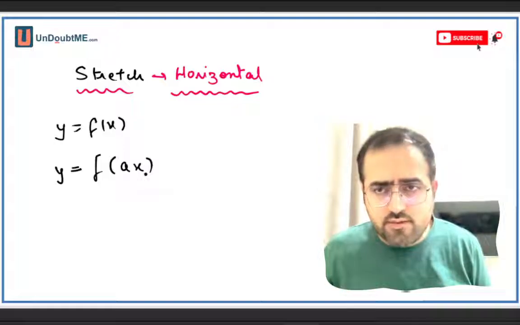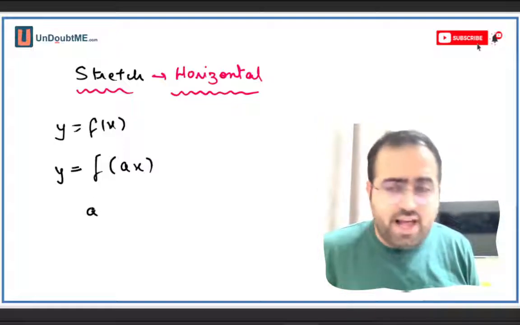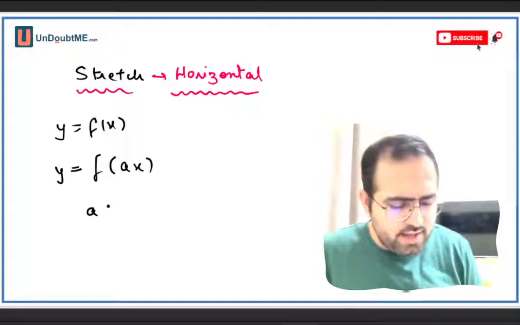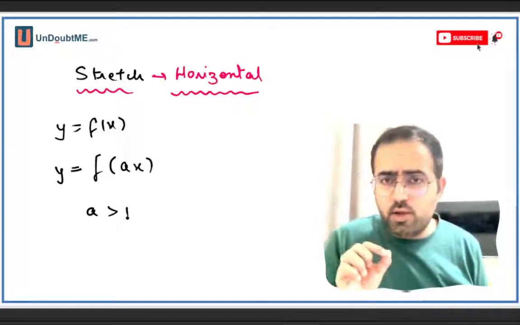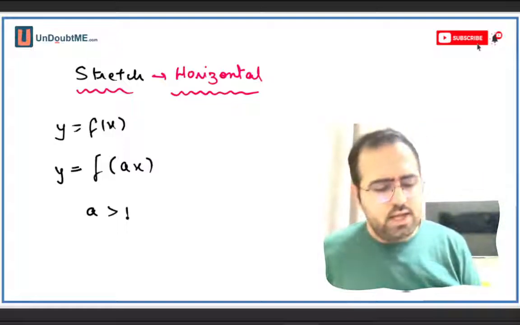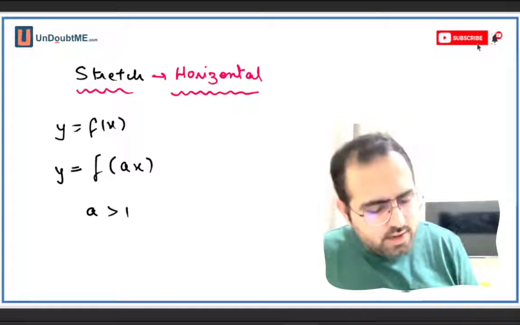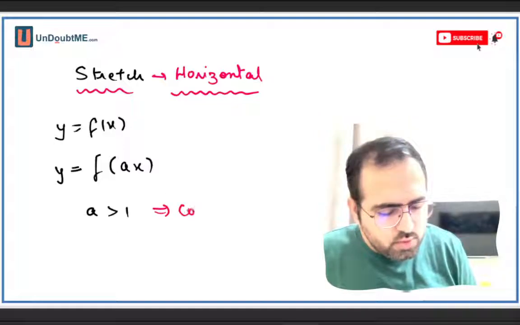That is the only difference, as you can notice. Based on the value of a, if a is greater than 1, the things are a bit different here, so try to understand it carefully. If the value of a is greater than 1, that will lead us to compression.